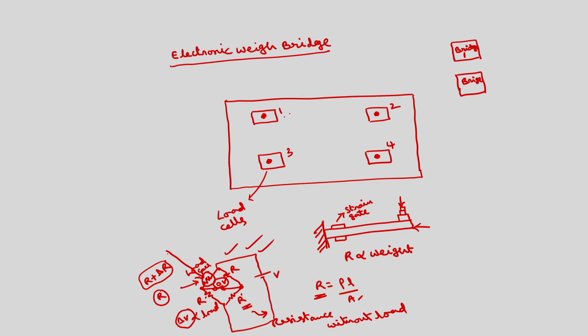This is bridge 1 corresponding to this load cell, bridge 2 corresponding to this load cell, bridge 3 corresponding to this, bridge 4 corresponding to this. These 4 voltages you have to connect to an adder. You can implement the adder circuit also using an operational amplifier. You can find this circuit also in any one of the standard linear integrated circuit books. You have to basically add this.